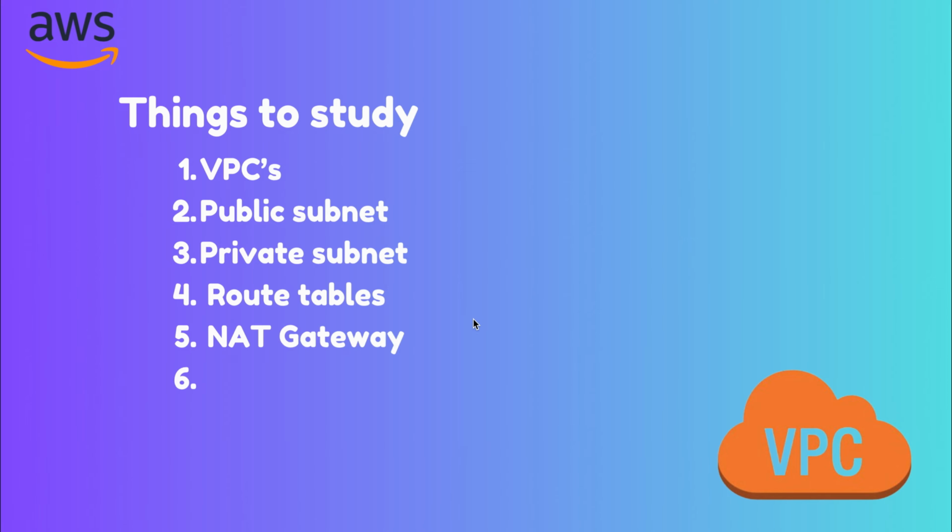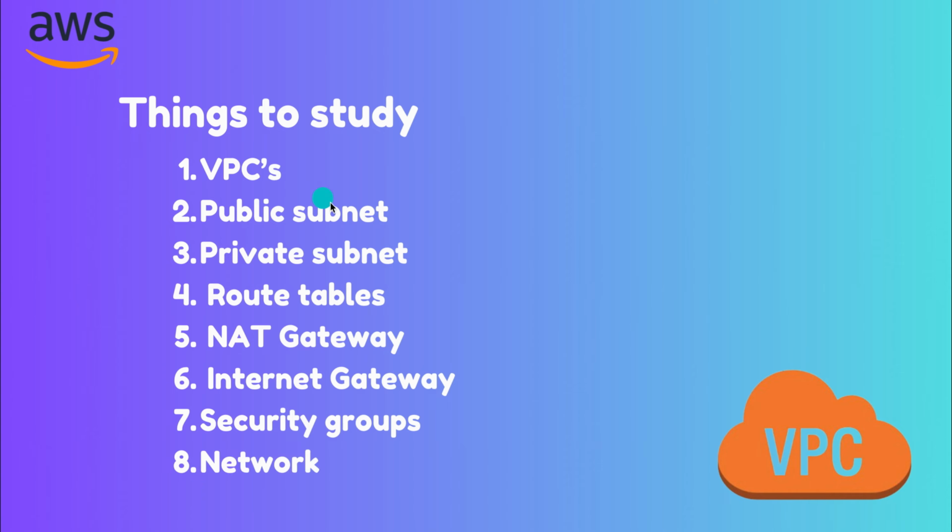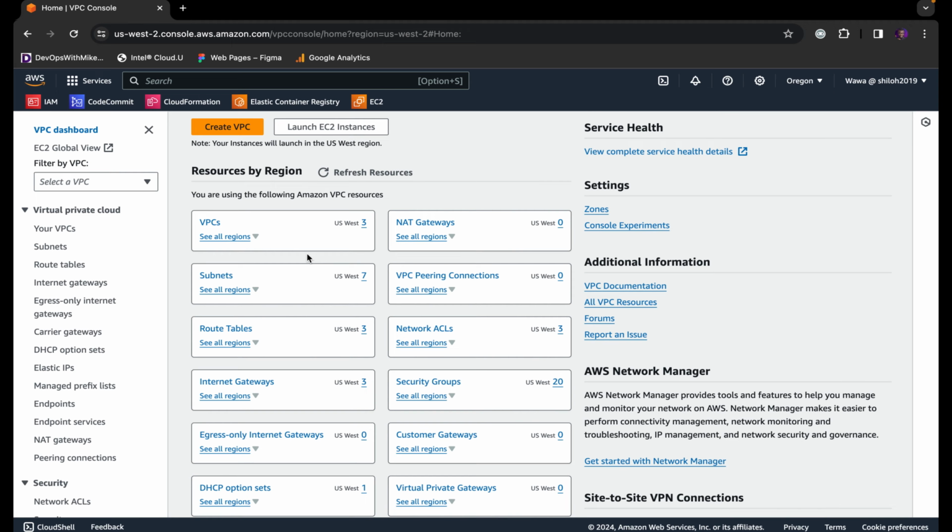So by the end of this module, we should understand VPCs, public subnet, private subnet, route tables, NAT gateway, internet gateway, security group, and network access control list. Let's get into the AWS console and see all these resources from the console. So we are on the AWS console and we are going to be looking at the key AWS services.